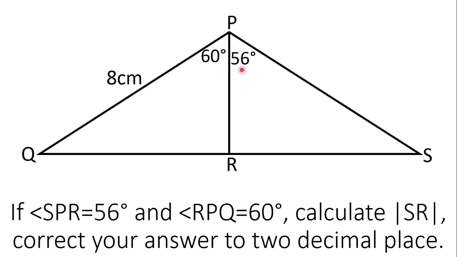So we just sum up. Here is 56, and remember this vertical line meeting this one is 90 degrees. So 56 plus 90 gives us 146. Subtracted from 180 gives us 34. So this side will be 34 degrees. When you consider triangle PQS, here will be 116, and here will be 34 degrees.